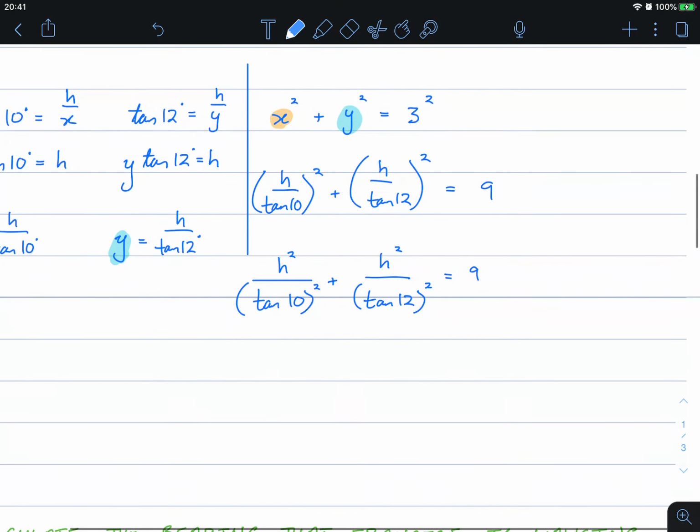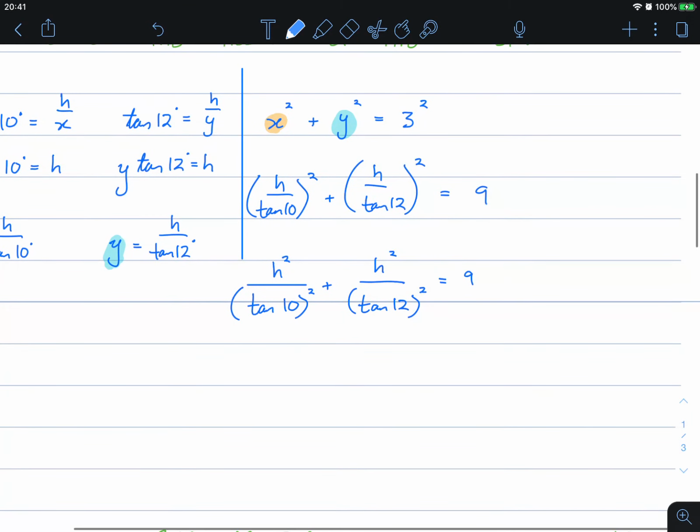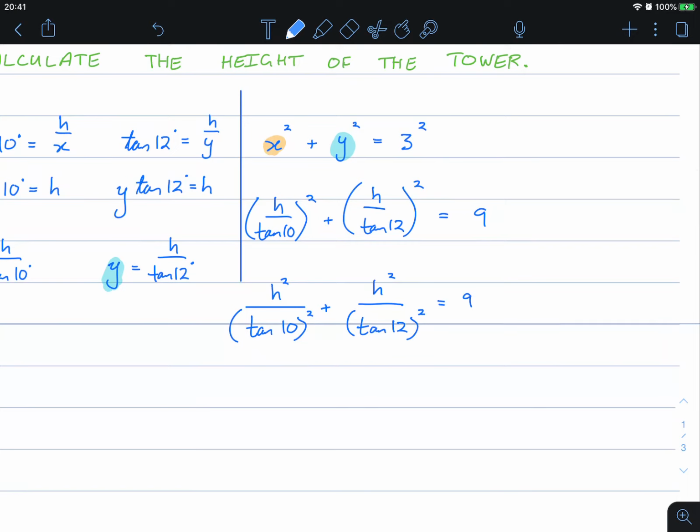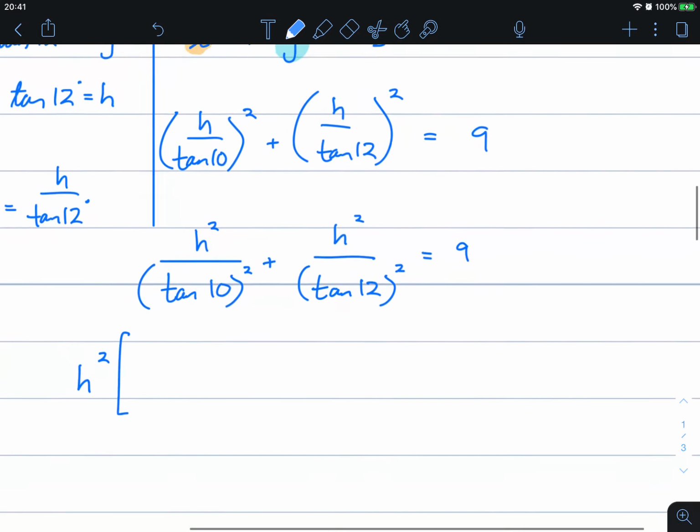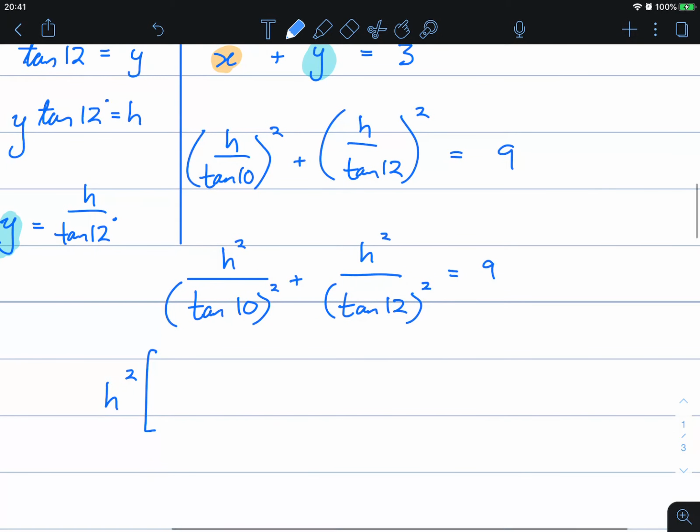Now it's seemingly more difficult, but just using our algebraic techniques, we can factor out h squared. So it'll be h squared outside of, actually no, we're going to use some trig identities here. If we factor out the h squared outside, we're left with 1 on tan 10 squared.